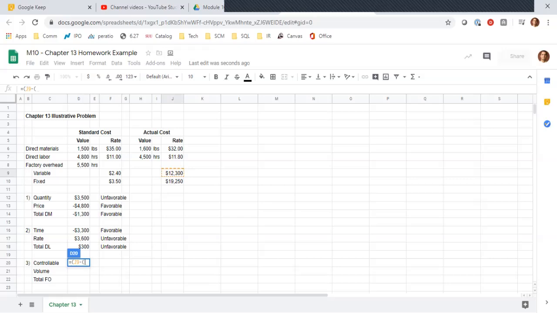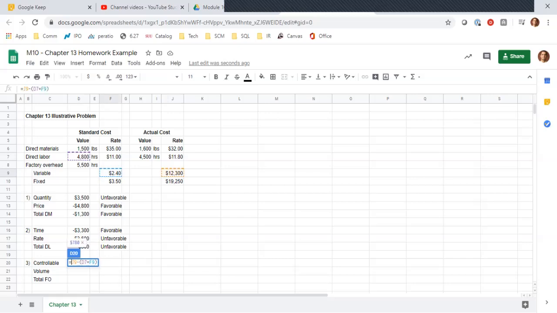Now, probably a mistake that happens a lot is you would use this 5,500 as our standard hours, but our standard hours are 4,800. This 5,500 hours is our 100% of capacity. And since we didn't plan on operating at 100% of capacity, we planned on operating at 4,800 hours instead of 5,500. That's the rate we're going to use, okay? So it is our 4,800 hours multiplied by our variable cost.